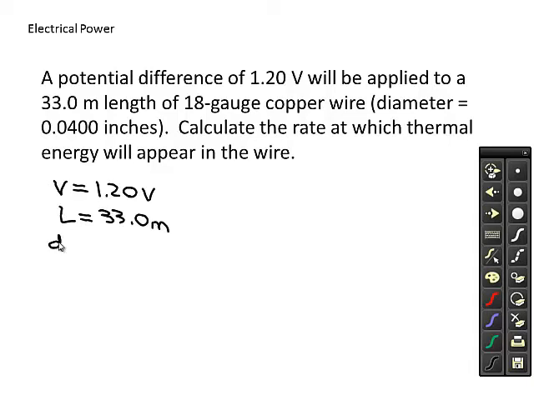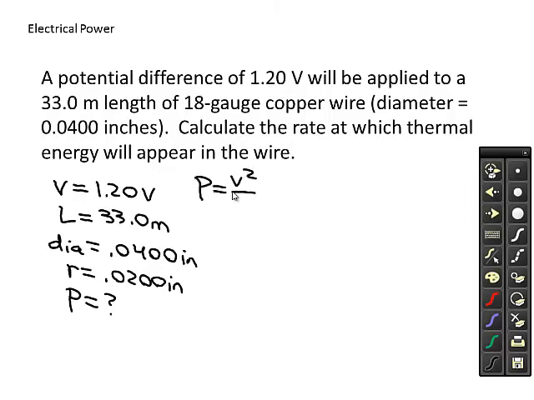Our diameter is 0.0400 inches, so that means a radius of 0.0200 inches. So how do we get the rate at which thermal energy, that's power, passes through the wire? Well, I think we're going to use V squared over R again. We've got V. How do we get R?